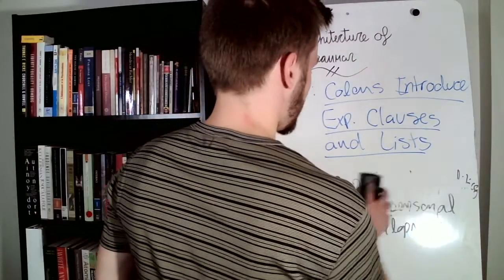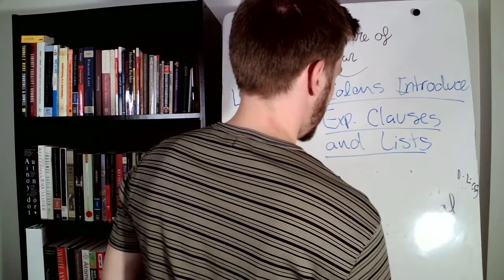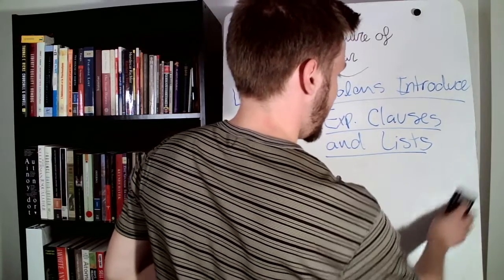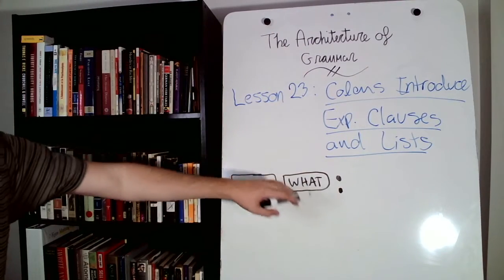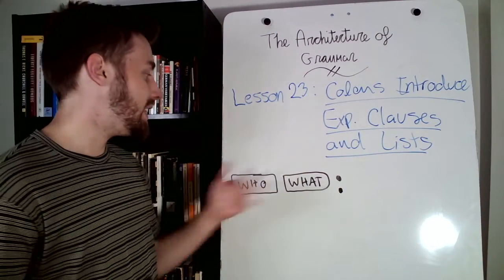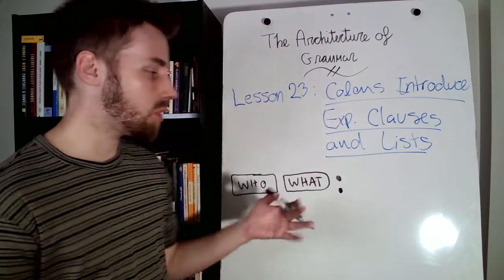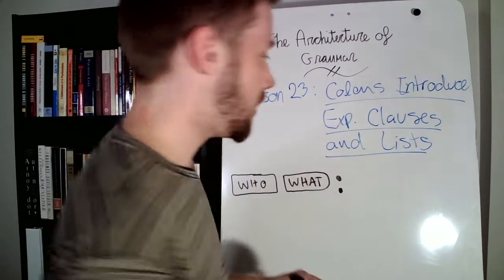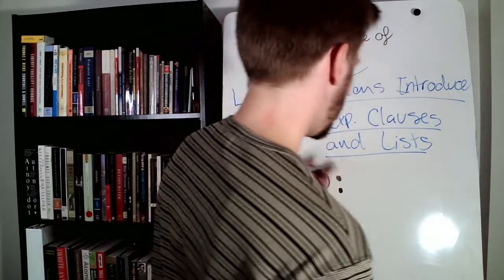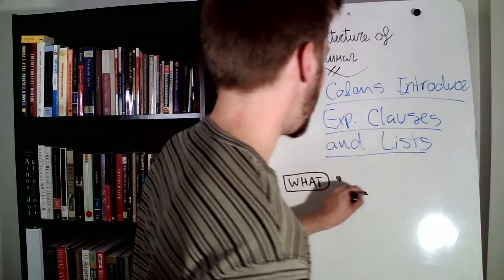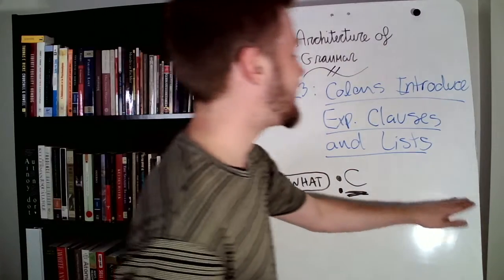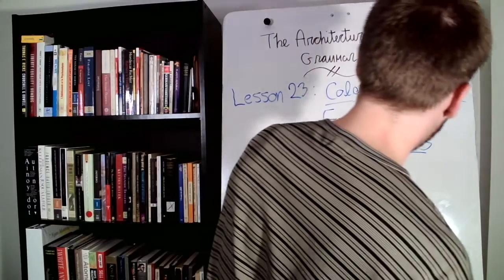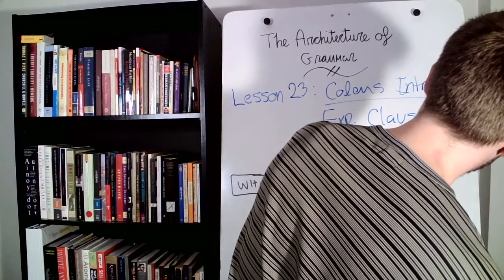Now, it's also possible if we have a clause, a sentence that kind of explains what comes before, we can also add a new sentence, and in this case we would have a capital letter if it's a complete sentence that we have.